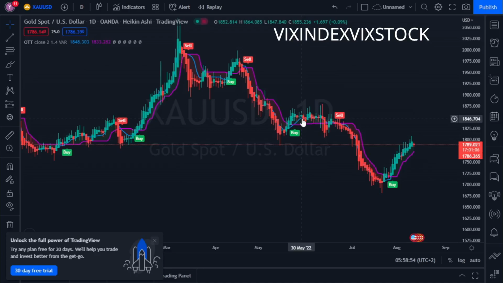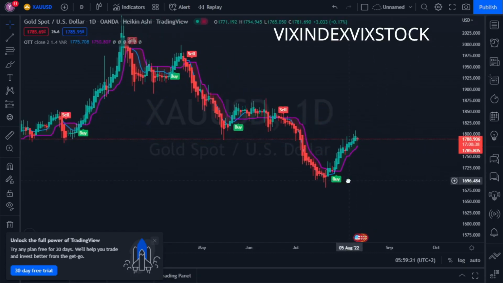In a case like this, obviously, you would have made a lot of money. This is gold. If you've traded gold, you know what I mean. So if you entered a buy in this scenario, and especially if you are catching these also at support and resistance levels, then you have a good recipe for a good system.